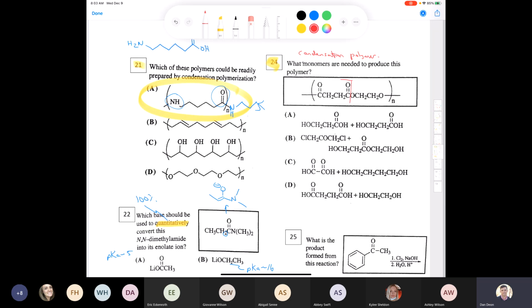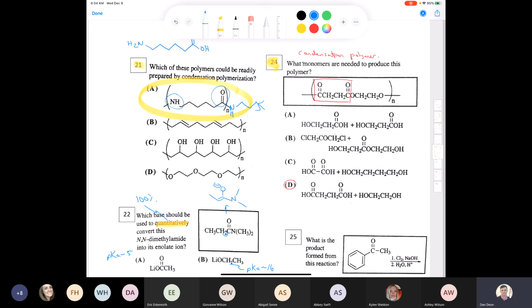So that tells us that from this part over here, this is where we would get our diacid from, which would be succinic acid. So if we look over here in the answers, the only one that has succinic acid is this one here.